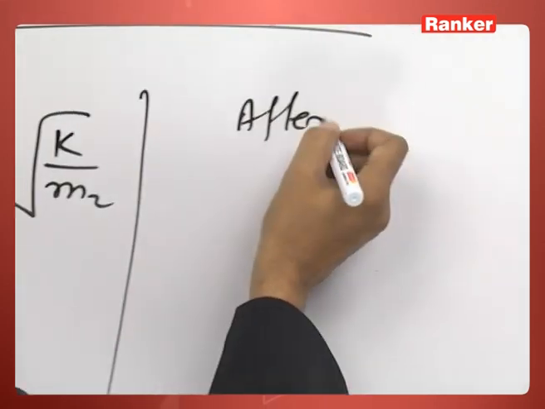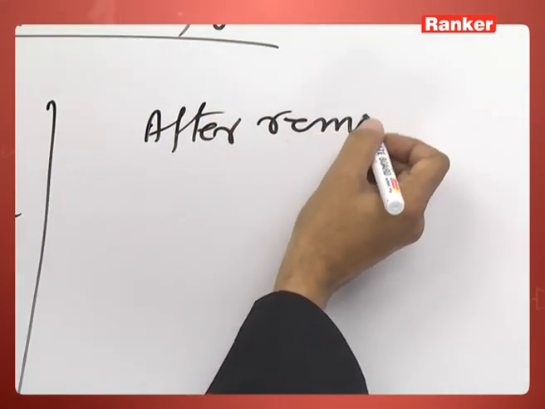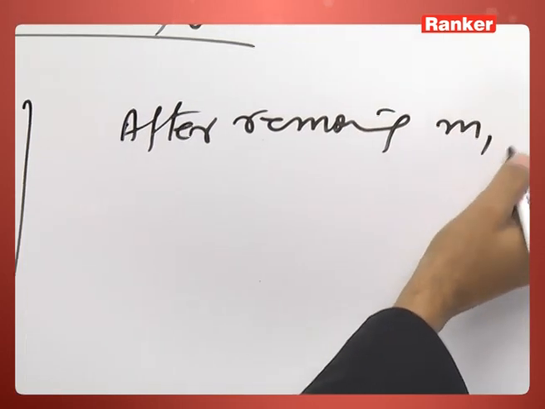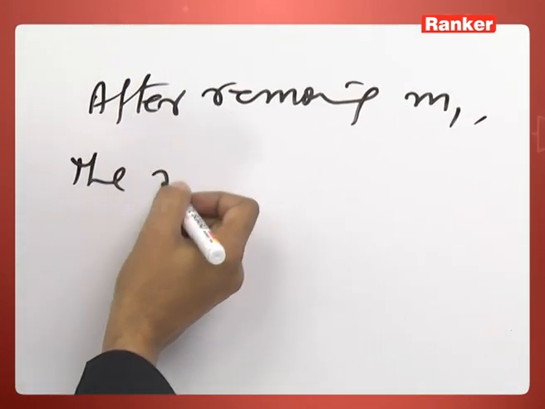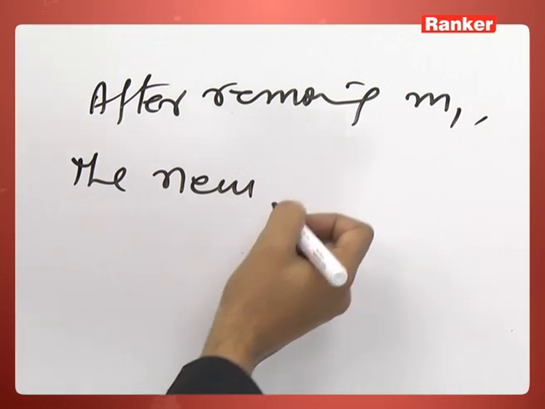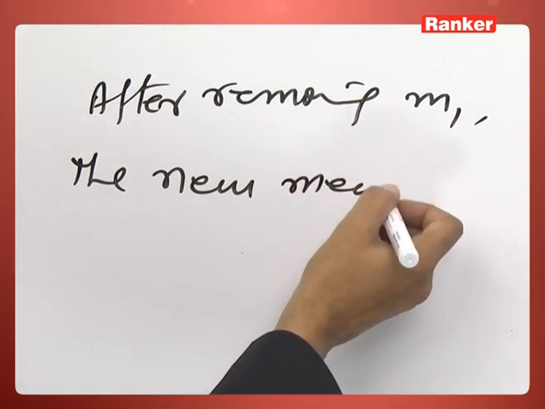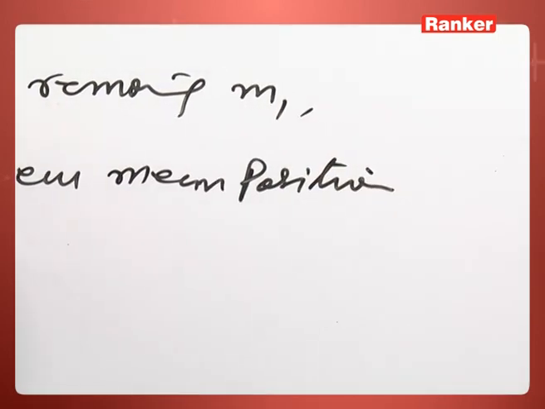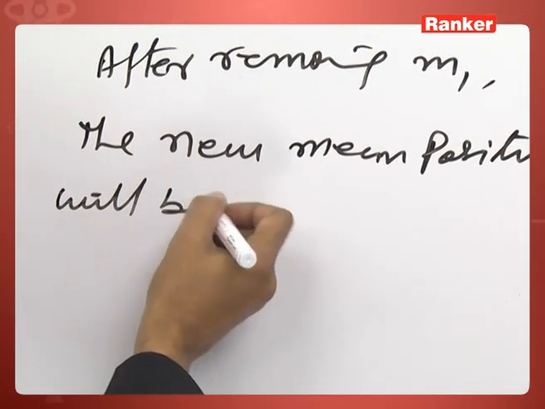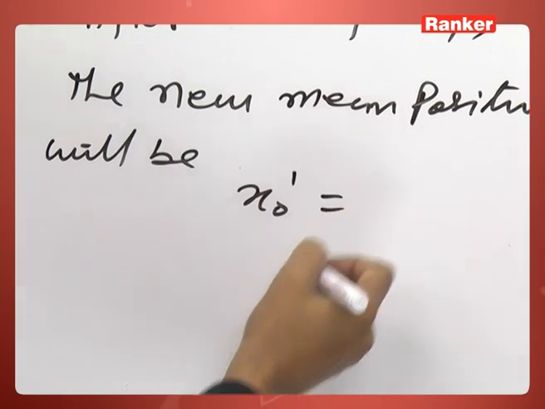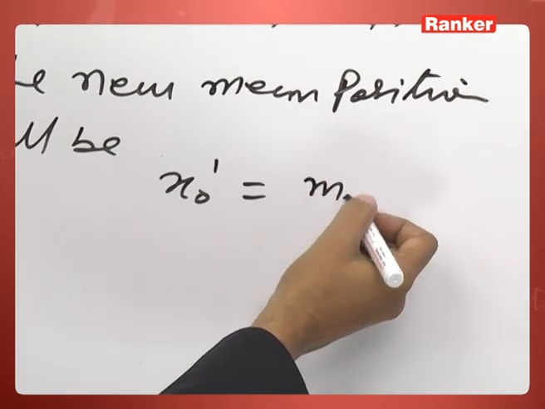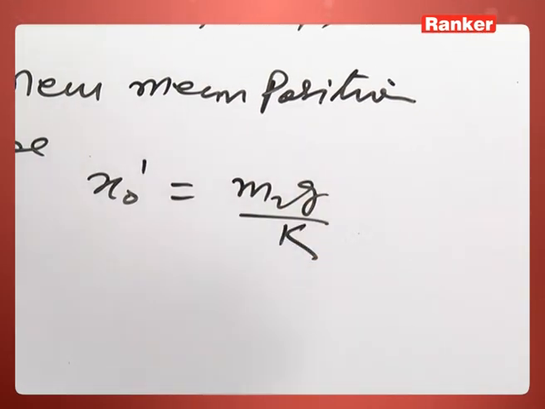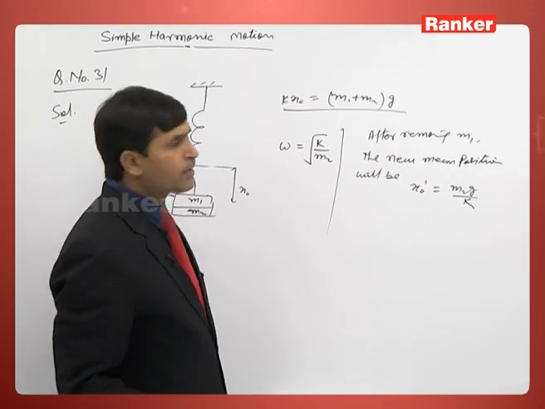After removing M1, the new mean position will be x naught dash, which is equal to m2 g by k.